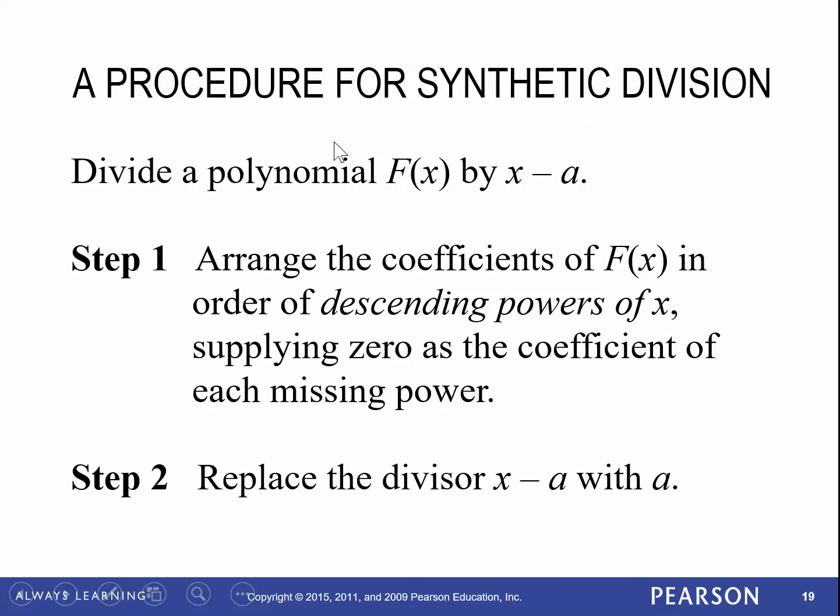The only thing is, there's one little disclaimer. The only time it could be used is if you are dividing by x minus a. Only if you're dividing by a single factor, so only if you're dividing by a binomial factor with degree 1. So x minus 7 is fine. X minus 3, totally cool.